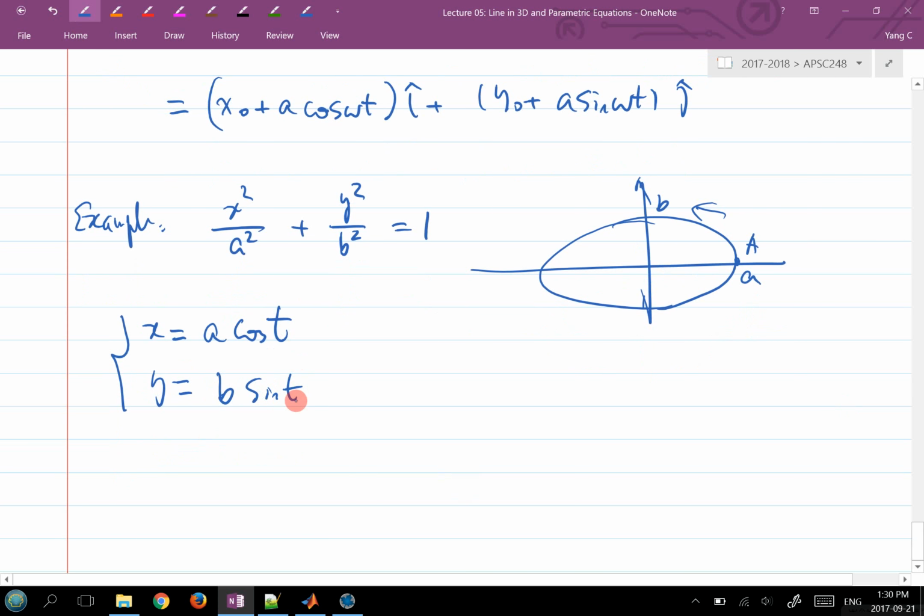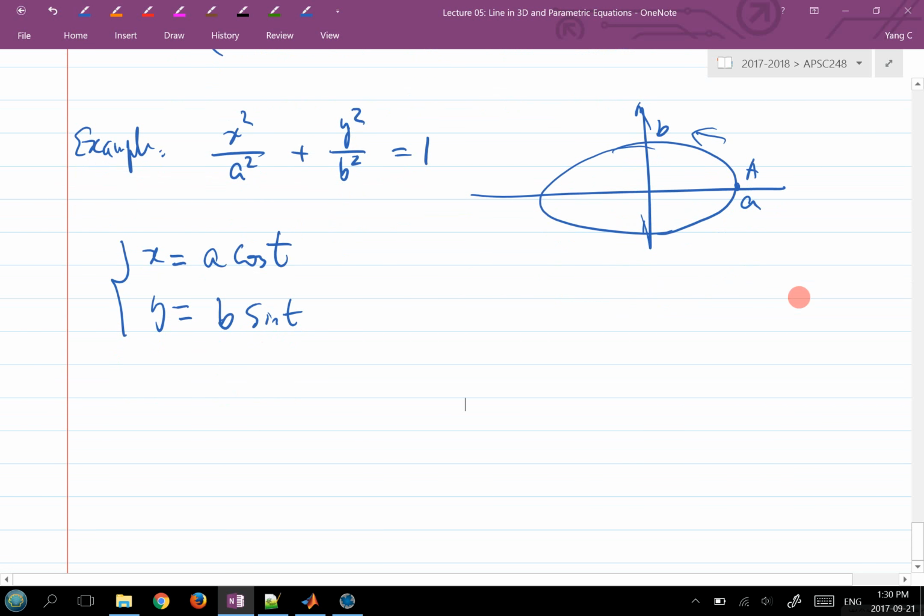Or you can even describe different motions, starting here but going counterclockwise, or starting here and going clockwise or counterclockwise, whatever. Right? But just for your own interest, in general, this is actually not parametric.